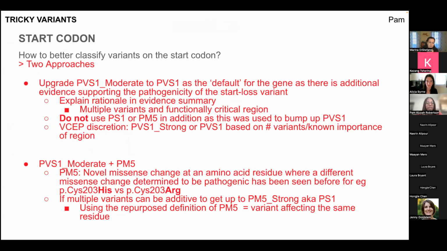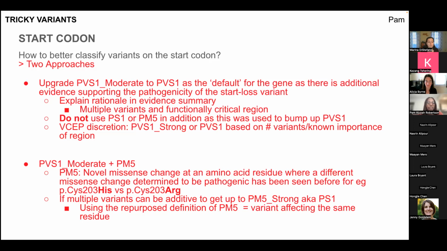The first being, if you have evidence of multiple start-loss variants at that codon, approach 1, you can use that evidence to upgrade PVS1 moderate, which is the default for start loss, to PVS1, and use it as the default for that gene, with the caveat of there being multiple variants that support the pathogenicity of that start loss variant, and you would explain that rationale in the evidence summary.